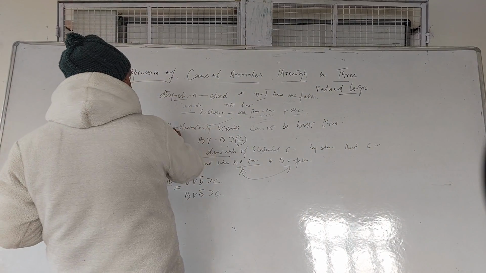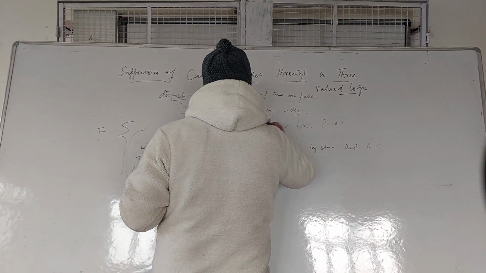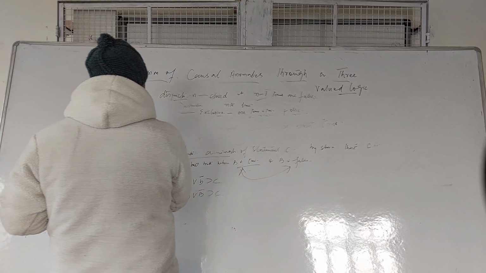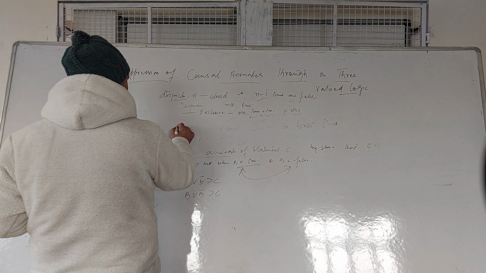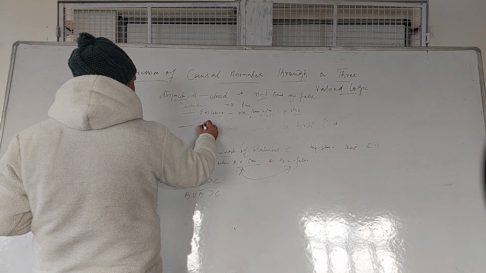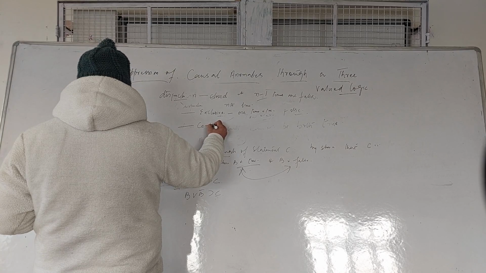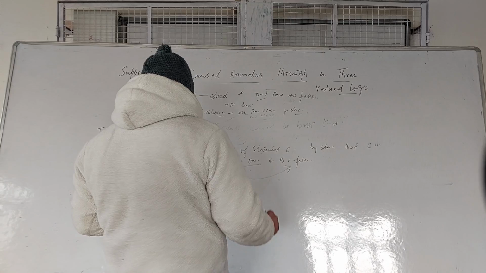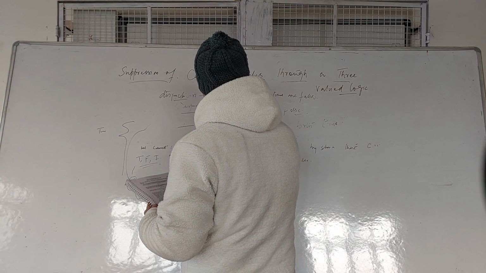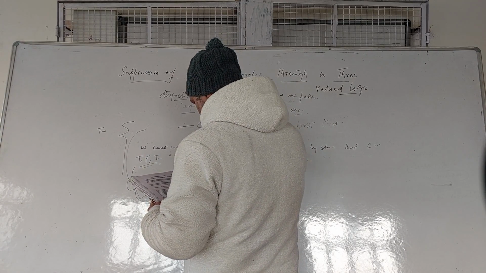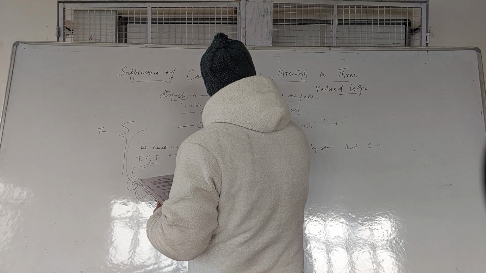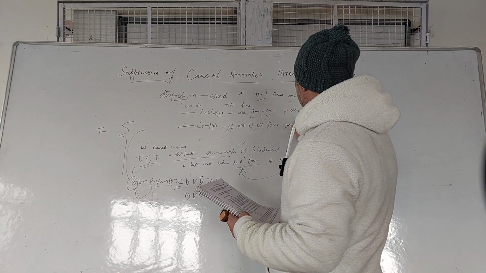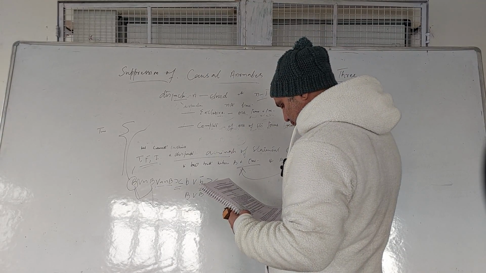And the third one, a disjunctive statement is said to be complete if one of its terms must be true.